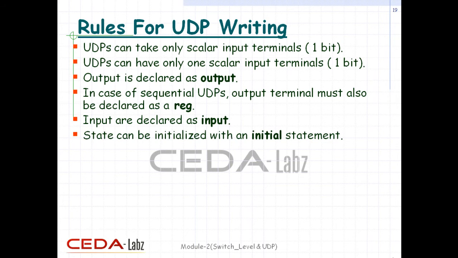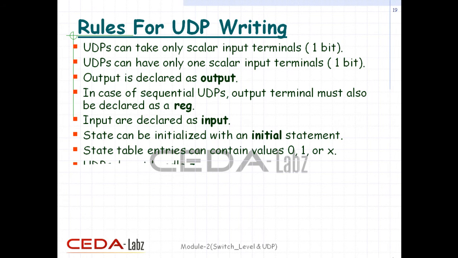The state in a sequential UDP can be initialized with an initial statement. This statement is optional. A 1-bit value is assigned to the output, which is declared as a register. The state table entries can contain values 0, 1, or X. UDPs do not handle Z values. Z values passed to a UDP are treated as X values.